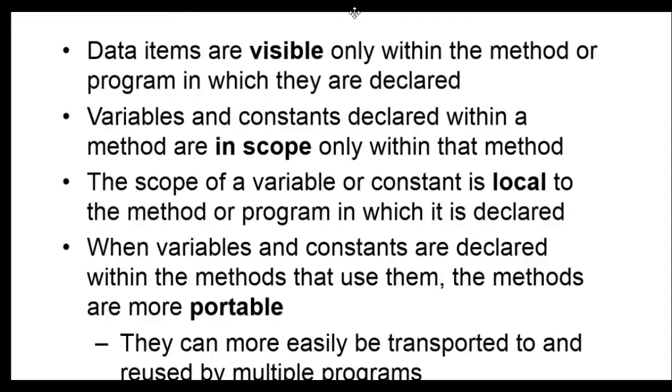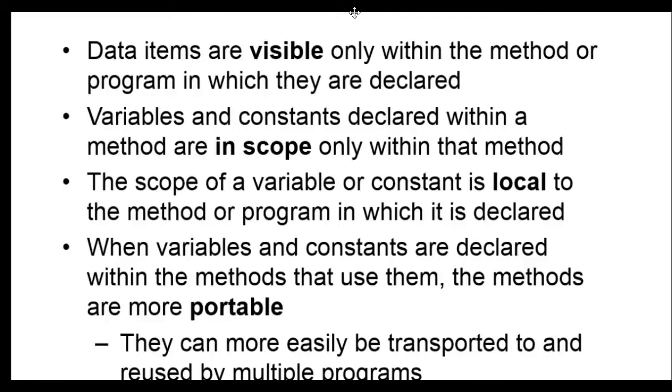So here's where it starts getting a little tricky. Is the idea of something called scope. And scope is the idea of where these particular things, like our variables, are visible or usable. So if I go back to that method and I declared a variable inside that method, and so when we get more complicated, we may have loops, for example, inside of our method.